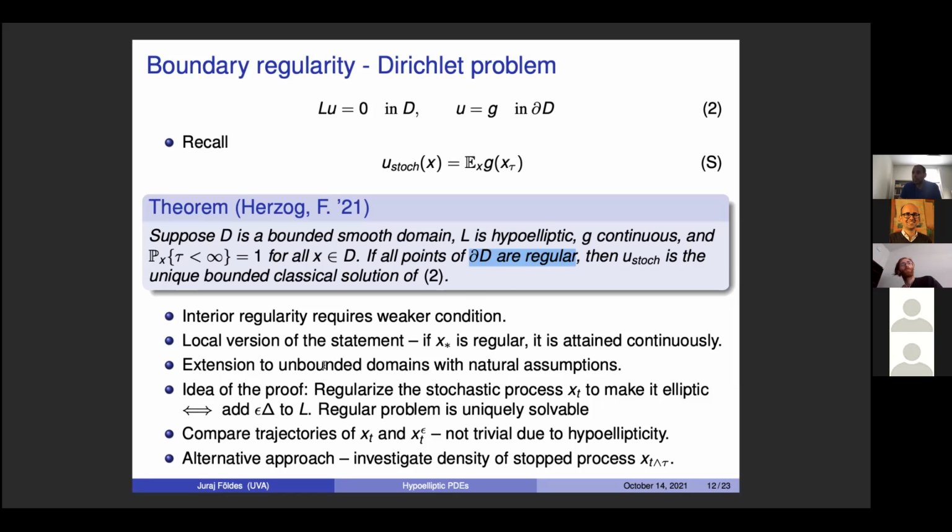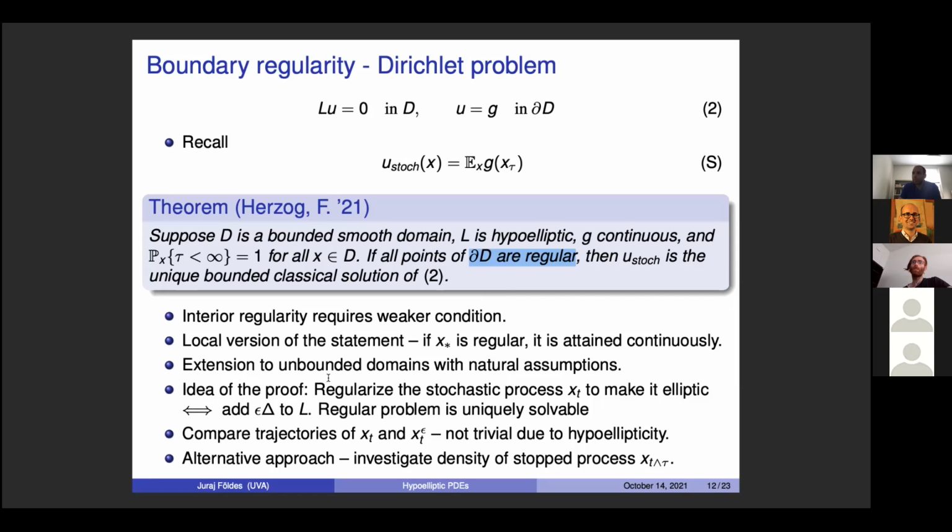And we also have the local version of the statement. It really means that if x is regular, then this point, solely this point, is continuously attained. It's a statement about how the boundary conditions are attained if only some points are regular.